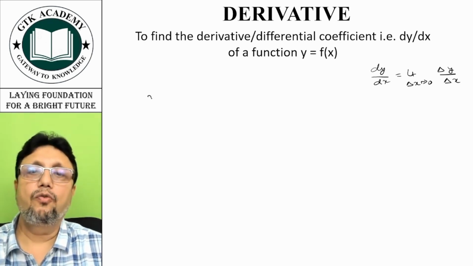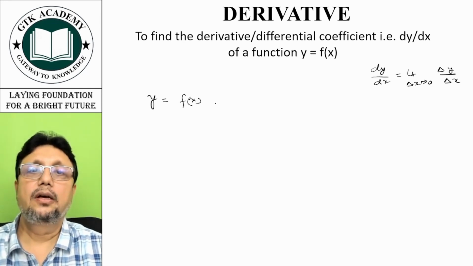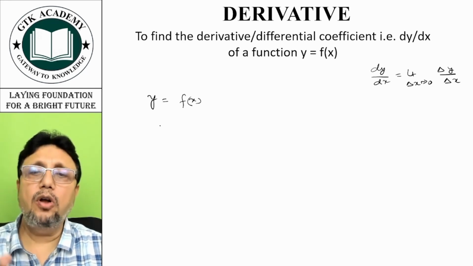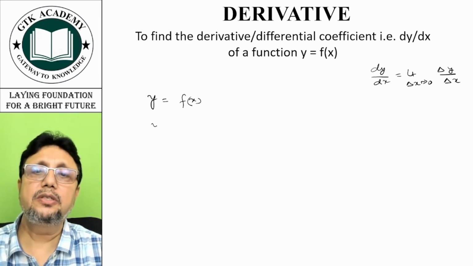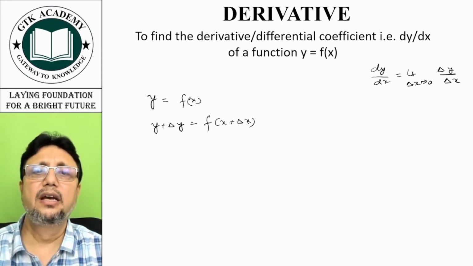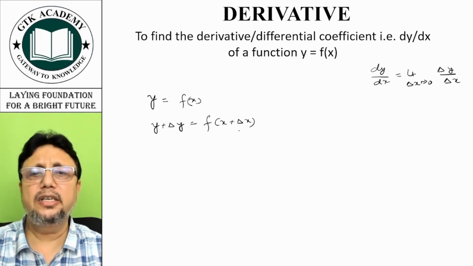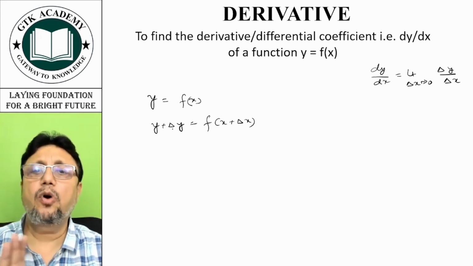So you have y is equal to f(x). That means a small change in x will bring a small change in y. That means y plus delta y is equal to f(x plus delta x). It may be positive or negative. If you increase x, delta y can be negative also. It depends upon the nature of your curve. But x plus delta x means a small change in x will bring a small change in y.